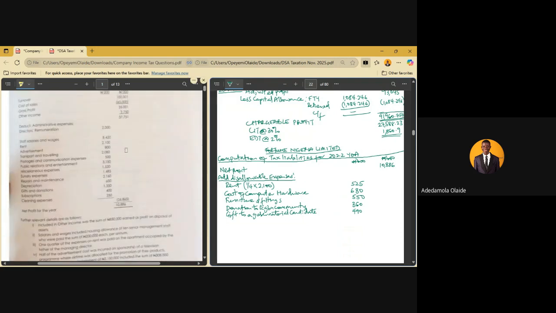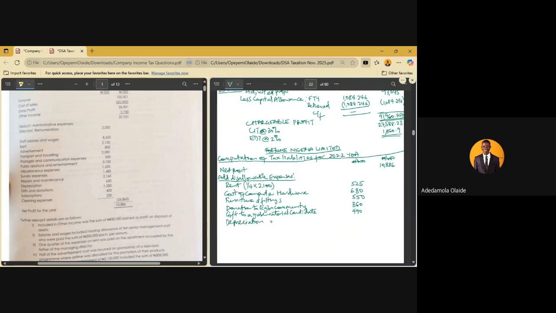Then we go back to the SOPL. Directors' remuneration allowable, staff salaries and wages allowable, rent allowable, advertisement allowable, transport and traveling allowable, postages and communication expenses allowable, public relation and entertainment allowable, miscellaneous expenses treated, sundry expenses allowable, repairs and maintenance allowable, depreciation.